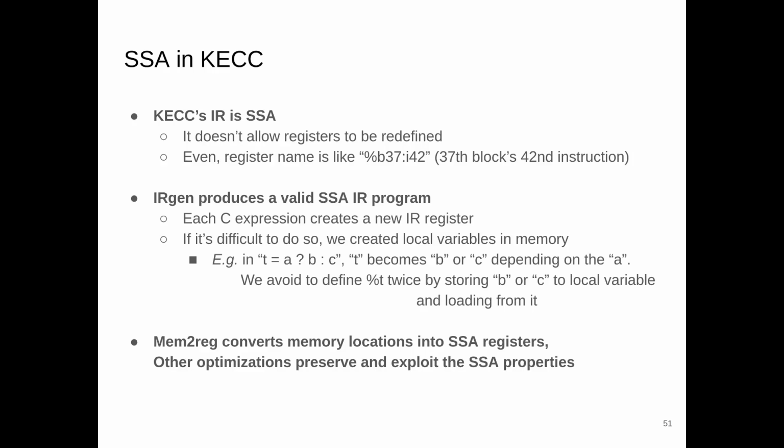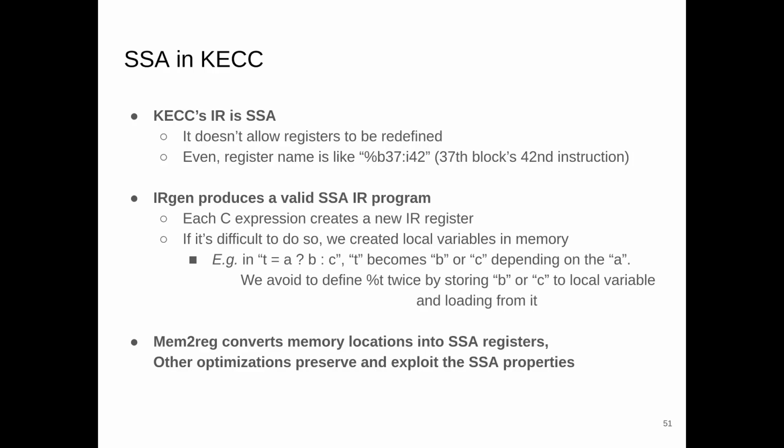By construction, KECC's IR satisfies SSA. And the IR gen, which produces an IR from C, is guaranteed to produce a valid SSA IR. The reason is that, recall from the previous lectures, each C expression is translated into IR instructions, and as a result of the translation of an expression, you're going to get a register. It may be a constant, but in general, you are going to get an IR register.